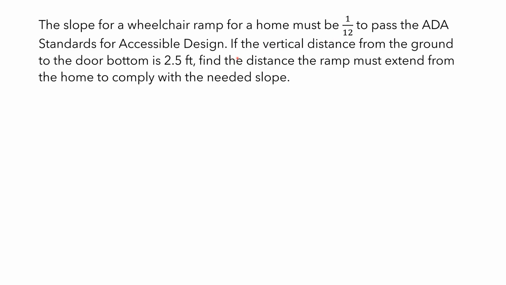Now, for that particular scenario, we are given the vertical distance from the ground to the door bottom, that is 2.5 feet. And we need to find the distance the ramp must extend from the home to comply with the ADA standard. Now, in this scenario, the problem is mainly looking for the slope.